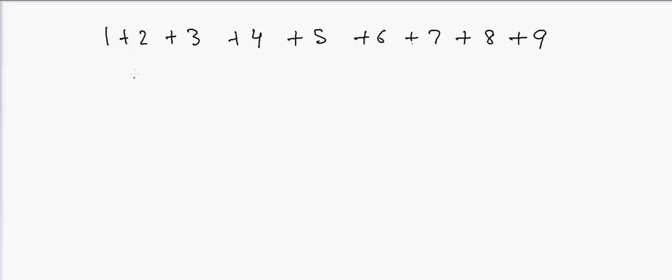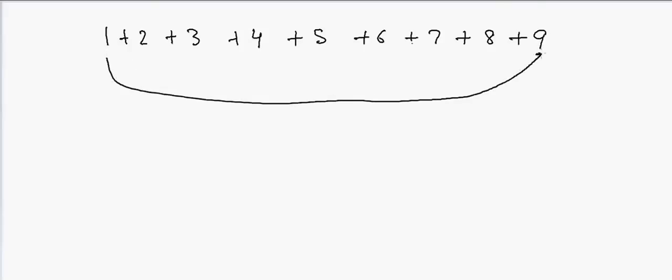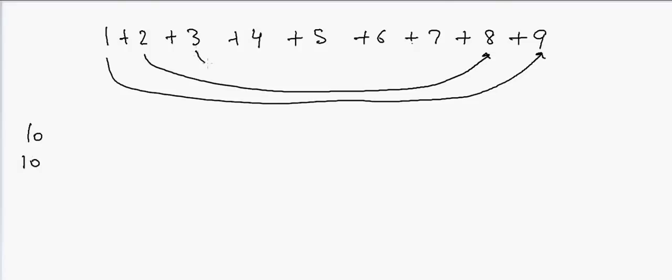If we look carefully, we can add the 1 to the 9 here, so we'll get a 10. Then we can add 2 and 8, so we'll get another 10. Then we can add 3 and 7, another 10.